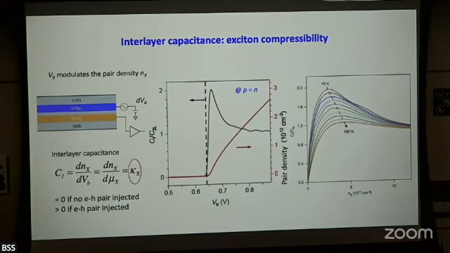So this kind of nonlinear behavior of the compressibility as a function of density already tells you that there is interaction between the excitons, and then of course you can come up with some many-body boson model to describe or explain what's going on here, and then extract the exciton interaction energy.